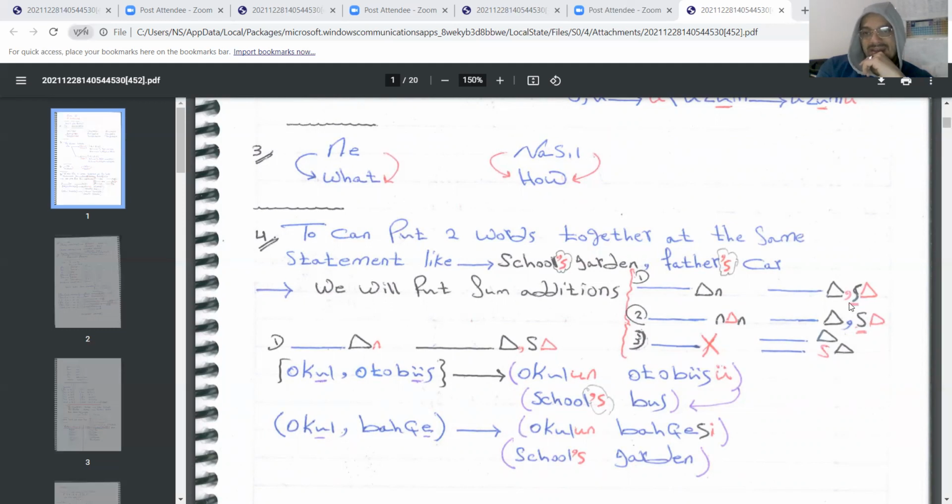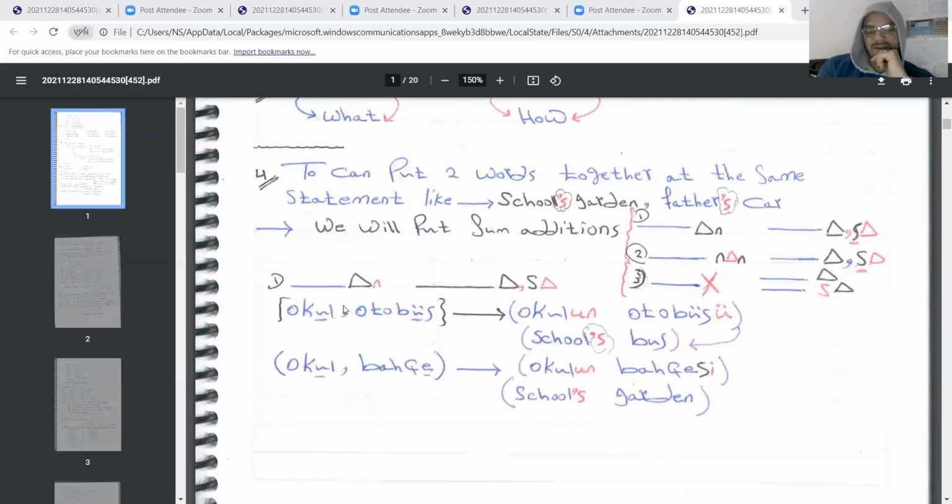I will put the s to prevent two vowel letters beside each other. And when I have a vowel letter at the end of the first noun, I will put n delta n. And at the end will be the same, delta or s delta, to prevent two vowel letters at the same side. The last one will be without, and at the end, the same form.